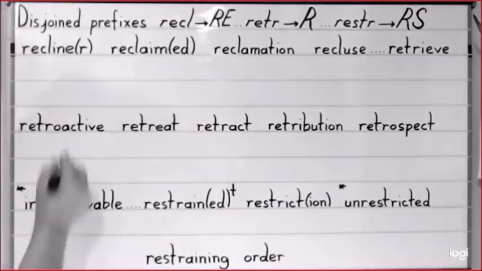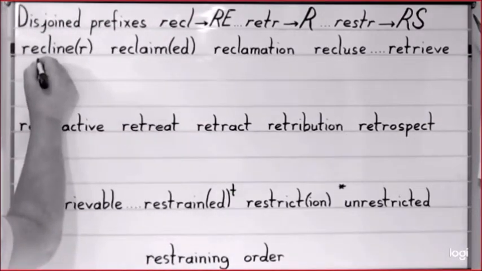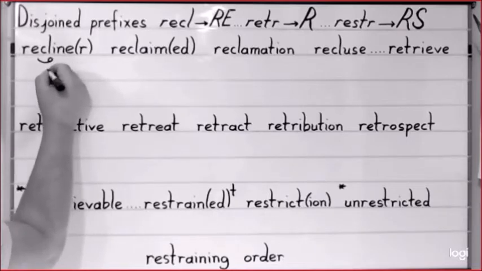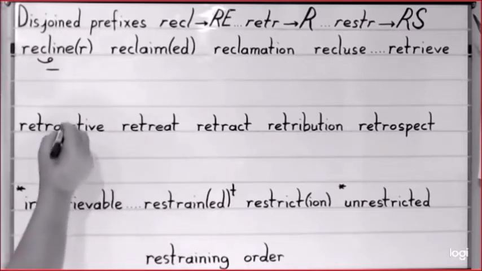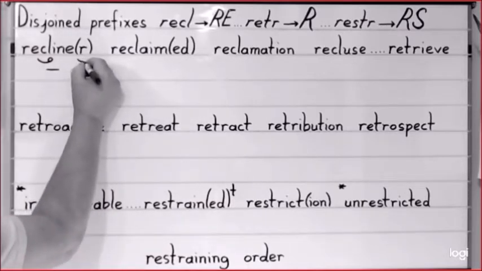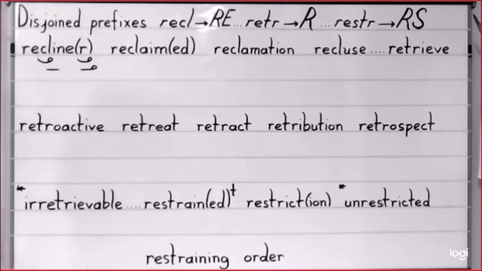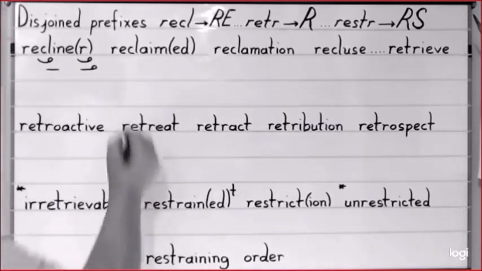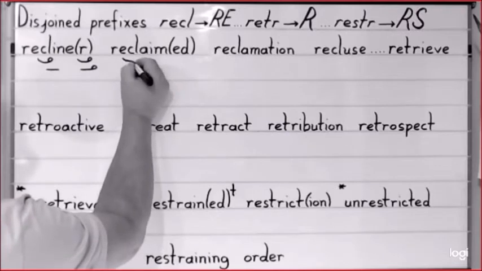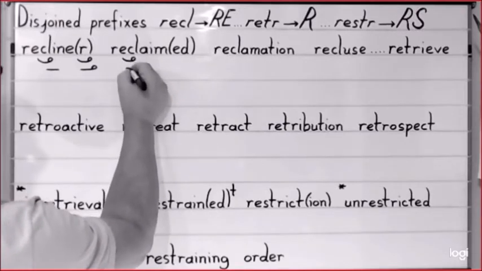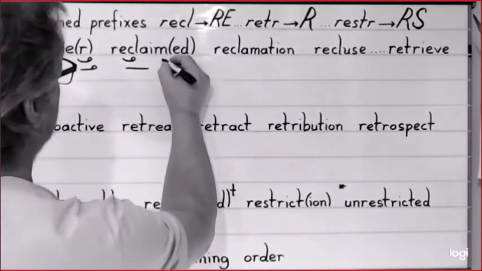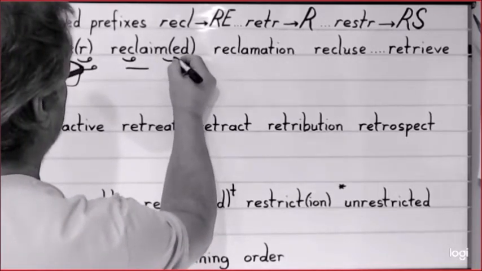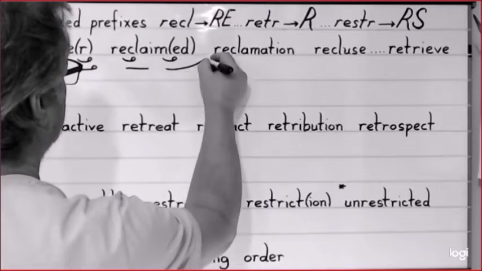For the word recline, it is R-E, and then an N below it. For recliner, like the chair, it is R-E, then an N, and a reverse circle E. For reclaim, it is R-E, then an M. For the past tense reclaimed, it is R-E, then an M-D stroke at the end.